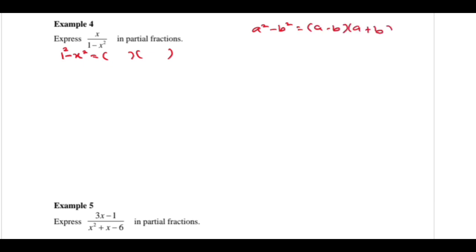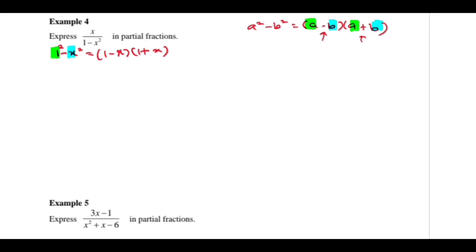So since our a here is 1, you can just write 1, and then your b is equal to x, so just write x behind, and in the middle, according to the formula, one is plus and one is minus.